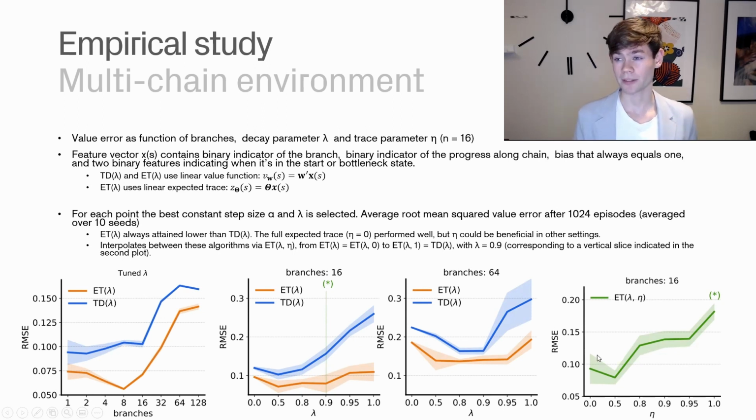They're mentioning in the paper that this can vary quite substantially between environments. So it's not to say that a parameter value of 0 here is always better, but probably in other environments, it would make sense to have an eta that's further up on this scale. But in general, the conclusion is still the same, that the ET algorithm outperforms the TD algorithm, and it does so across the number of branches. So that's a consistent result here.